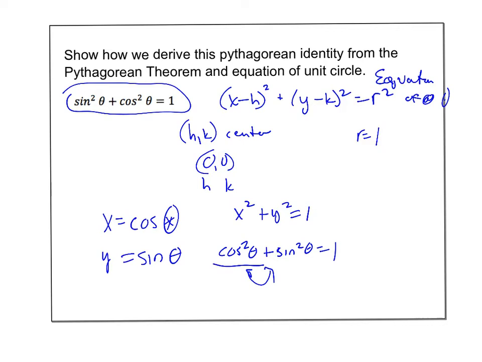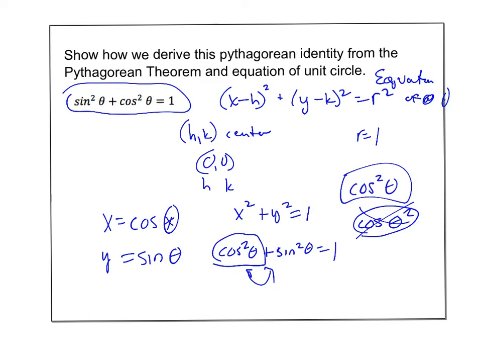By the way, when you write it as squared, you don't write it like this, because that means something different. You want to write it like that. That's your correct answer. This is saying cosine of theta, squared.